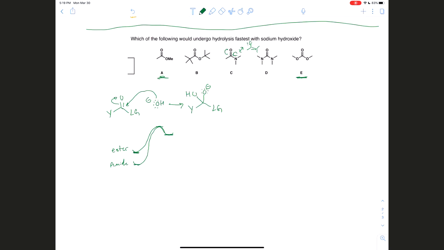So if we look at a carbonate, does this have more resonance stabilization of the carbonyl, or does an ester have more resonance stabilization of the carbonyl?